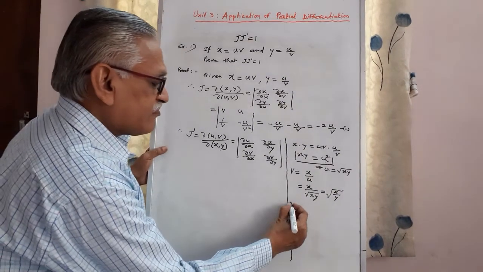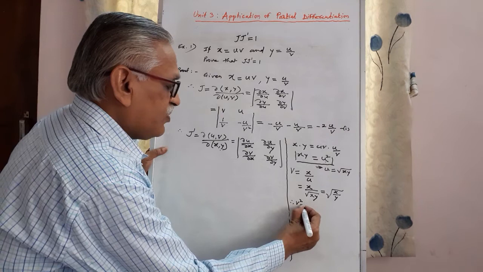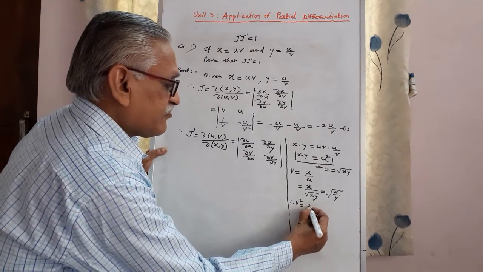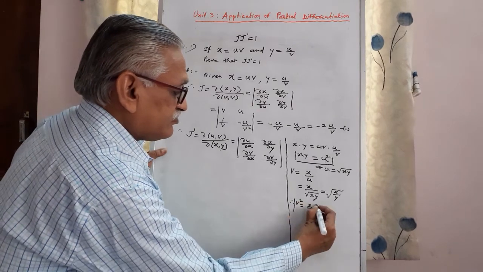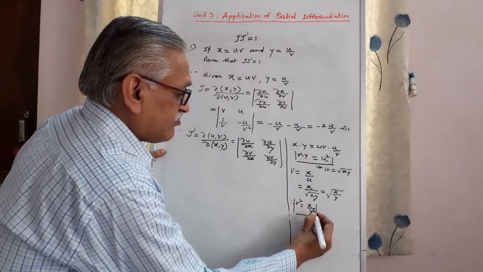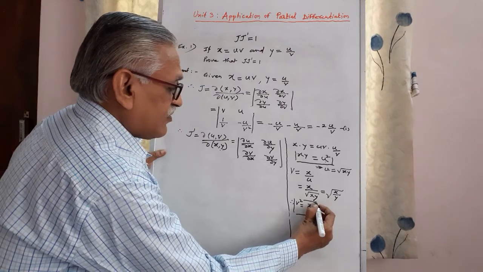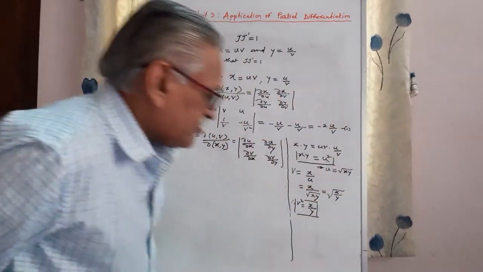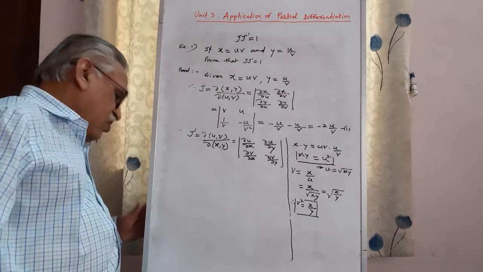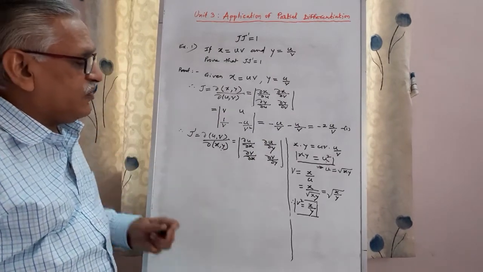Squaring both sides, we get the value of v² as x/y. Then we got the values of u and v.